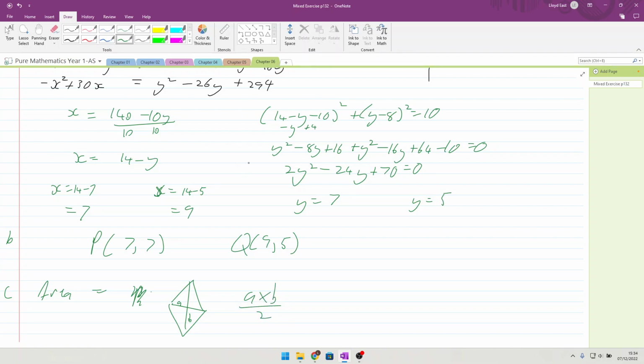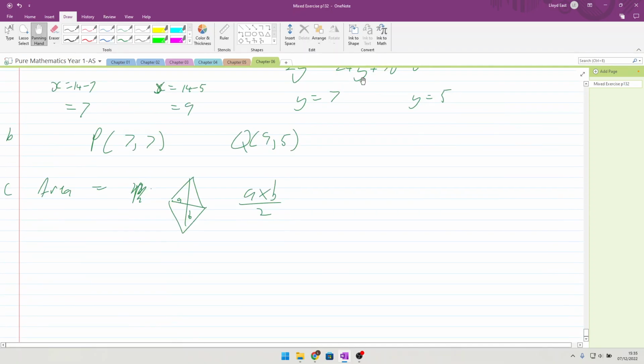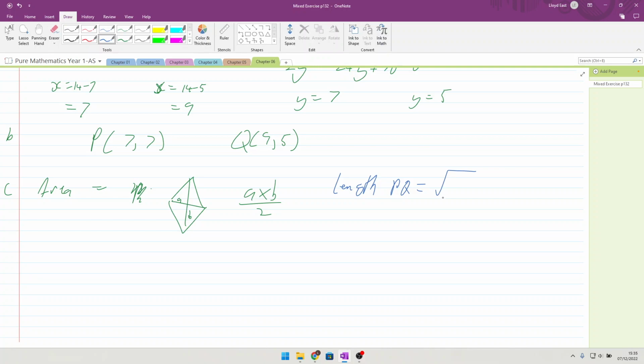So we need the length of PQ and we need the length of AB. Okay, so length PQ is equal to the square root of 7 to 9, that's 2, 2 squared, 7 down to 5 is 2 again, plus 2 squared.